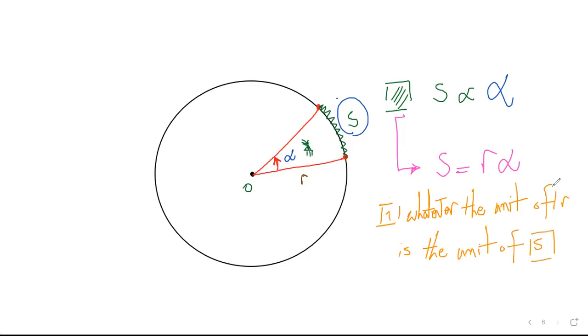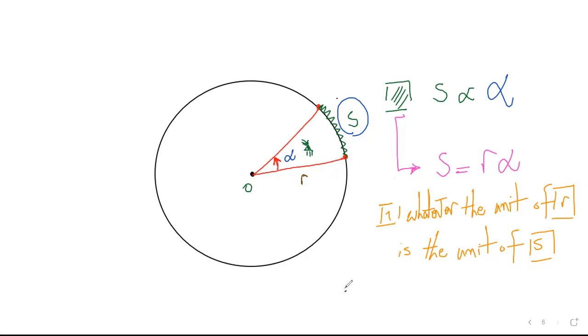What do I mean? If you have measured R in centimeters, then you get the arc length in centimeters. If you have measured the radius, for example, in millimeters, the arc length is also in millimeters. That's very important.